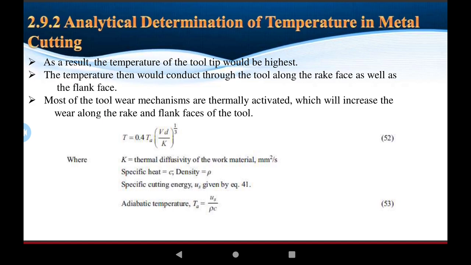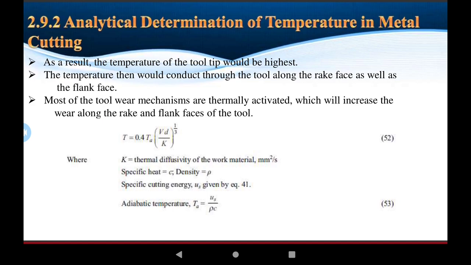The analytical method used to determine the tool temperature is T equal to 0.4 Ta.